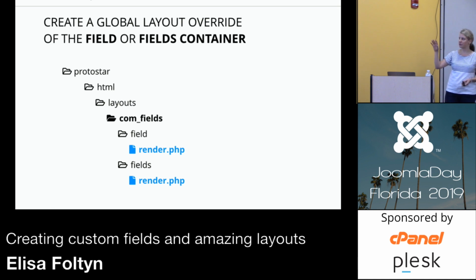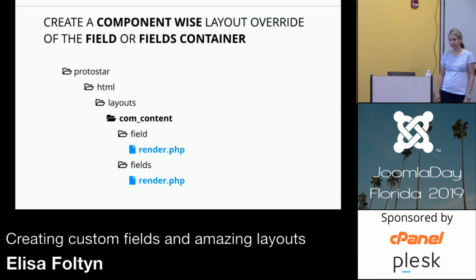You can put it in this structure and override how the field or the field container is displayed. For now it's like a definition list or something. You can just remove the definition list and make something completely different out of it. So that's the second way to override it.